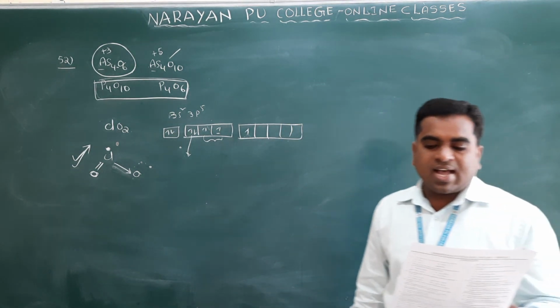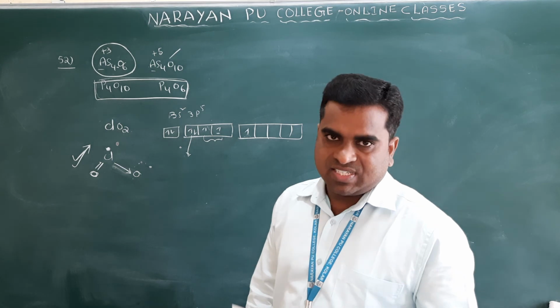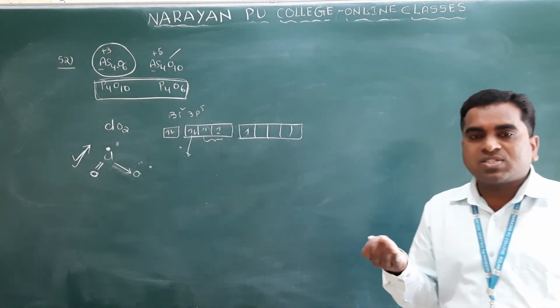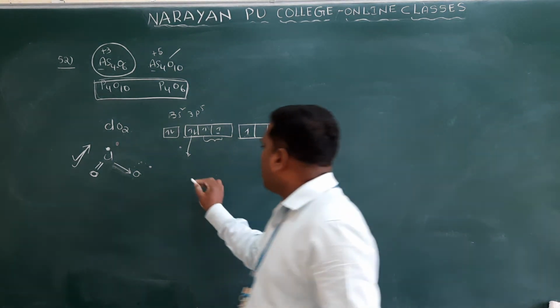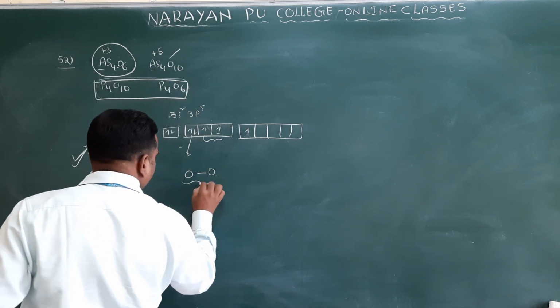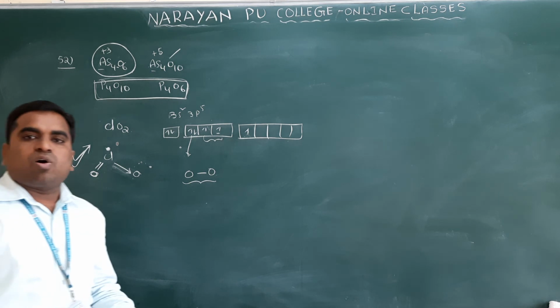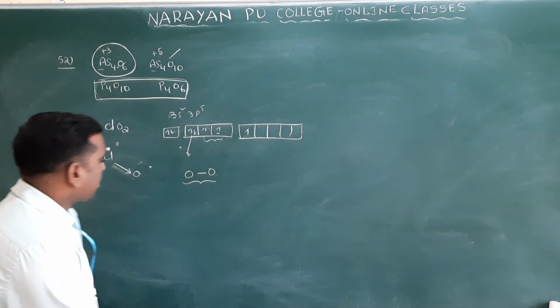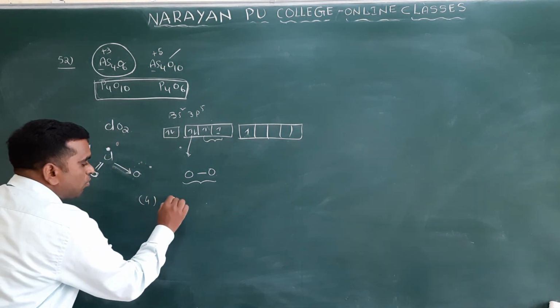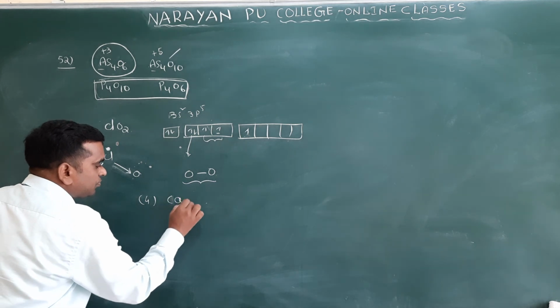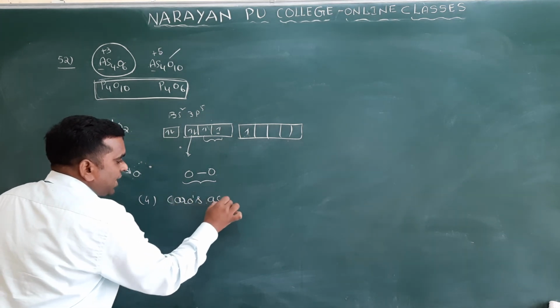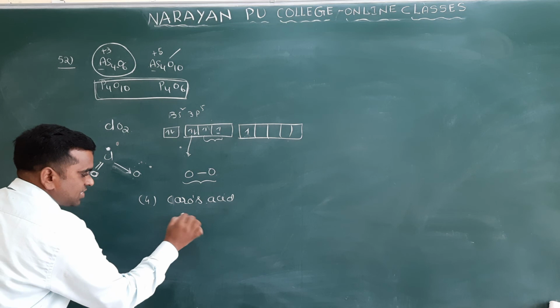The acid which has peroxy linkage. Peroxy linkage means what is that? An O-O bond linkage should be there in the compound. So which compound are they asking? Caro's acid. What is the Caro's acid formula? It is a per acid. I have already discussed.